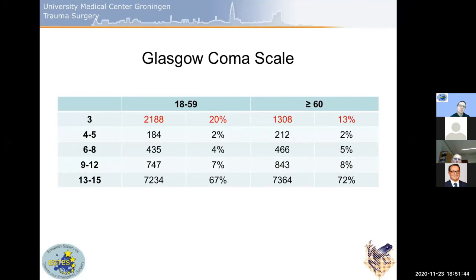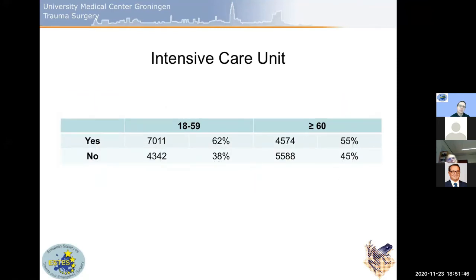Remember this for later. Intensive care unit. In the younger group, 62% of the patients with an ISS of 16 or higher went to the intensive care unit, and 55% in the older group. Maybe we can talk about underestimation, but we will discuss this later too.